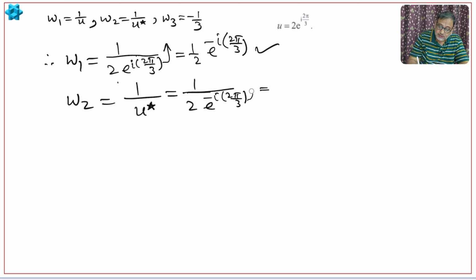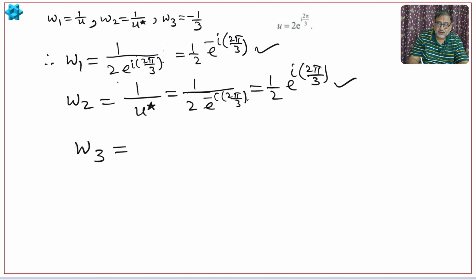Okay, let me erase this thing so that you are not confused. So it is equal to half e to the power i into 2 pi by 3. This is second root, and w3 is minus 1 by 3. Okay, already we got minus 1 by 3.